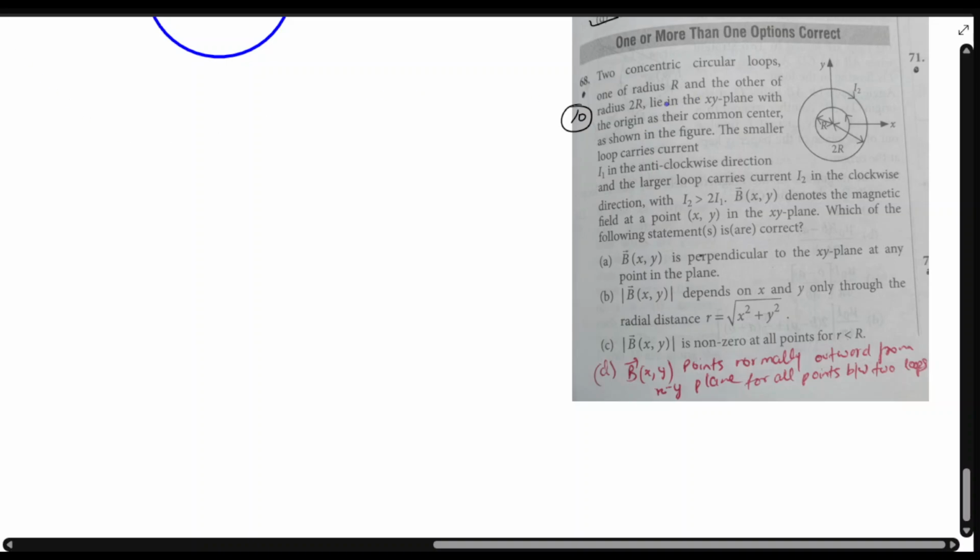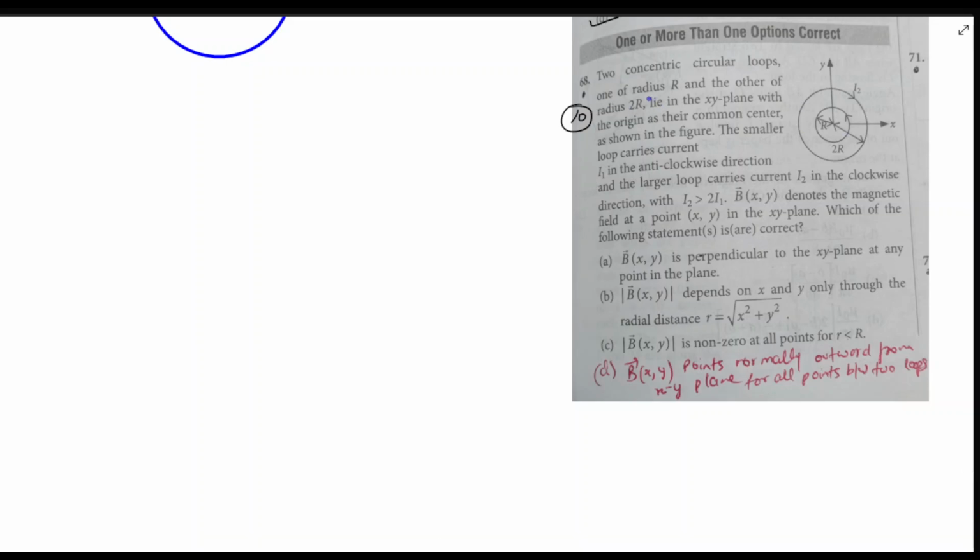So here we have two concentric circular loops, one of radius capital R and other of radius 2r, lie in the xy plane. The origin is their common center. The smaller loop carries current I1 in the anti-clockwise direction. So this is I1 and this is I2 in the clockwise direction.